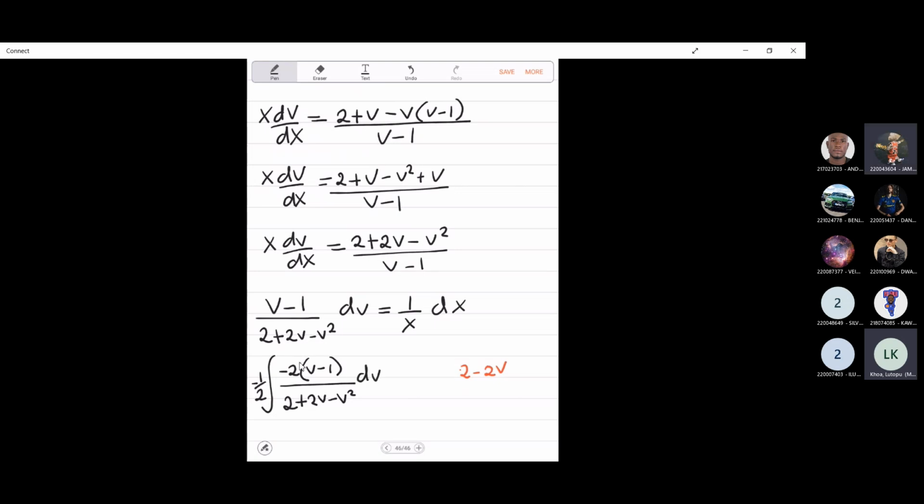Okay, so now you see the numerator is the derivative of the denominator. And then on the other side, we are just going to integrate 1 over x dx. So this is minus a half ln of 2 plus 2v minus v squared, which is equal to ln of x plus c.